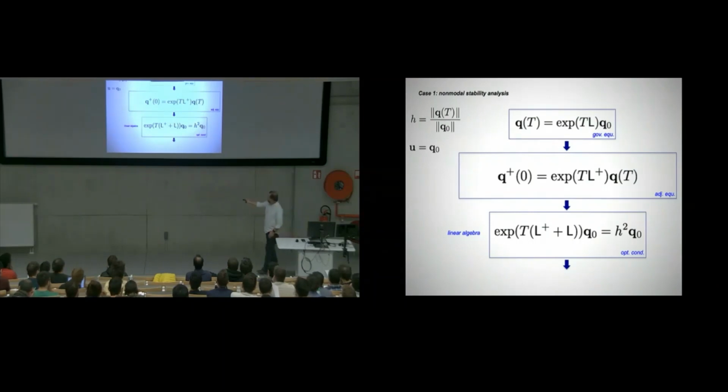And this exponential is L and L plus together, so this is the full round trip. Forward is for L, backwards is for L plus. You stick one on top of each other, you go one round trip. So you start at 0, the L takes you to t, the L plus back to 0. These two together is one round trip from 0 back to 0. So that's the combined mapping of one round trip.